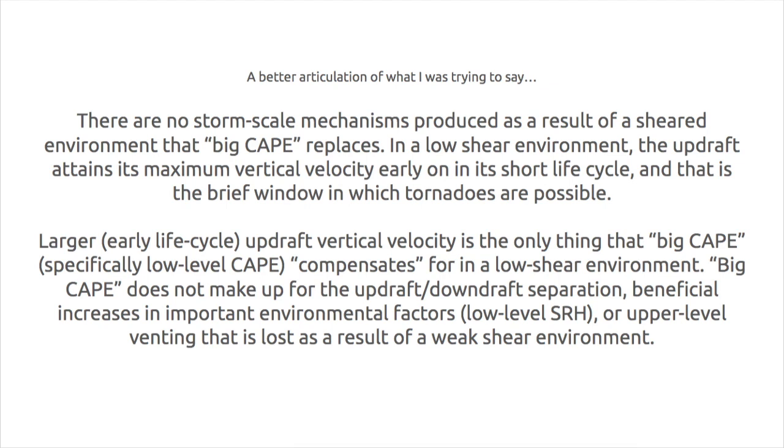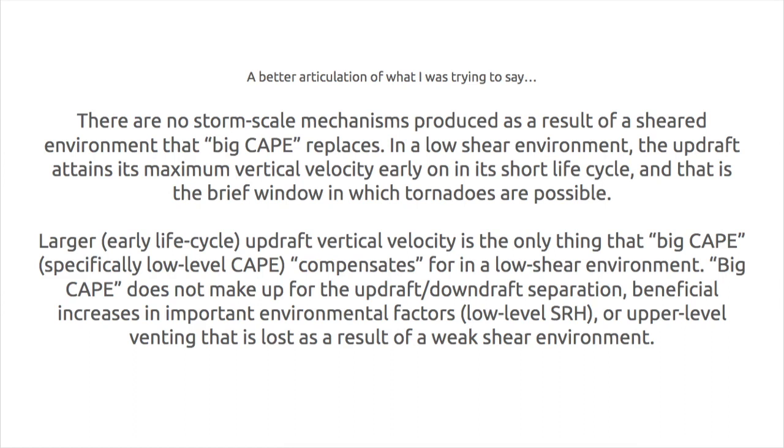All right, I'm back with another clarification, and this is a better articulation of what I was trying to say. There are no storm scale mechanisms produced as a result of a sheared environment that big CAPE replaces. In a low shear environment, the updraft attains its maximum vertical velocity early on in its short life cycle, and that is a brief window in which tornadoes are possible.